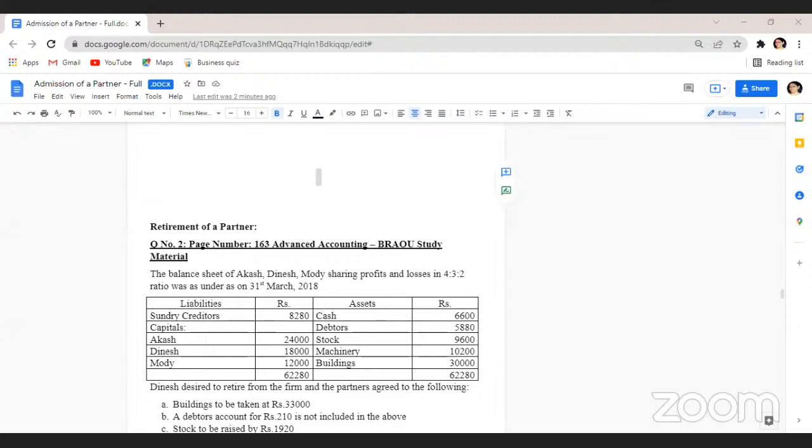After that, revaluation and bank account. Then the partners' capital account. The screen has not changed. Oh, one second, wait.